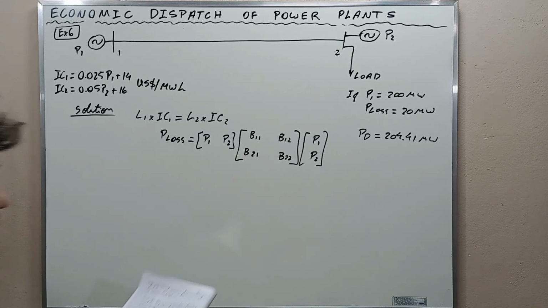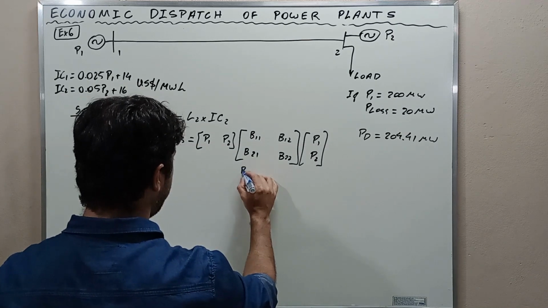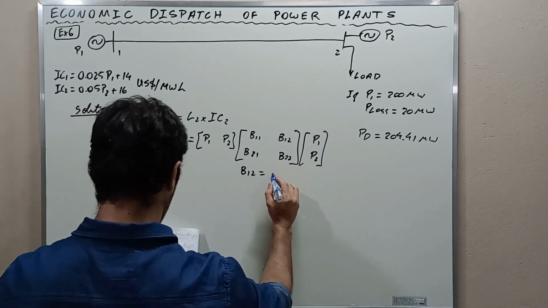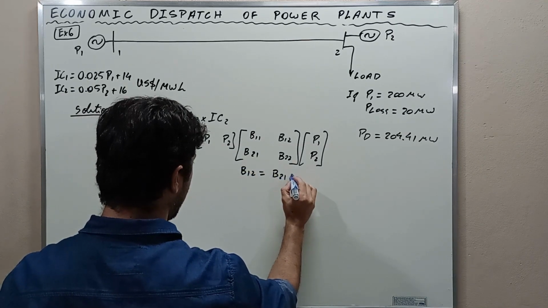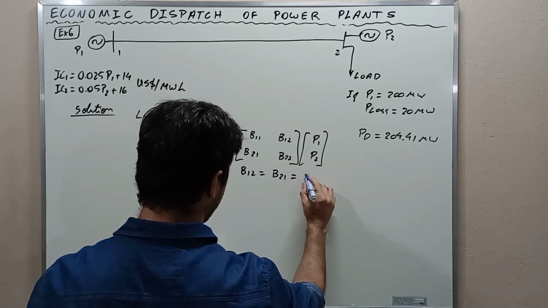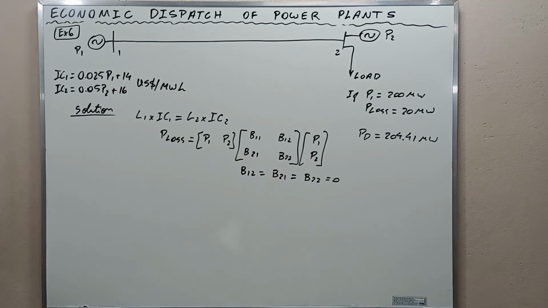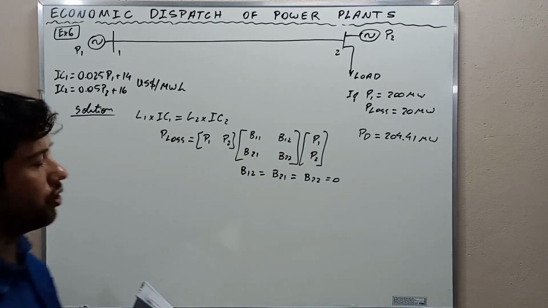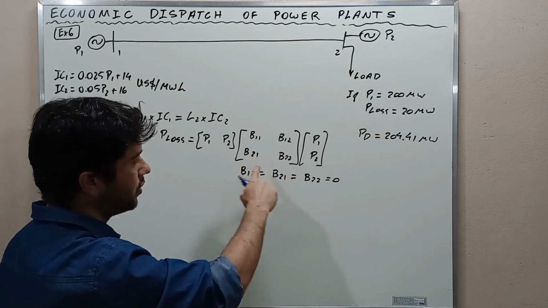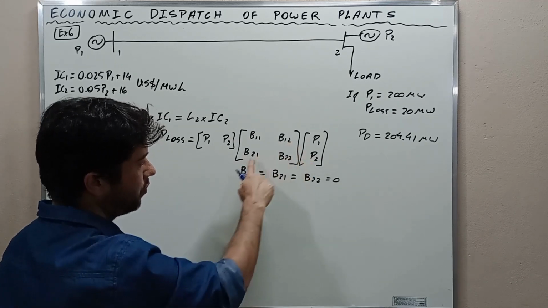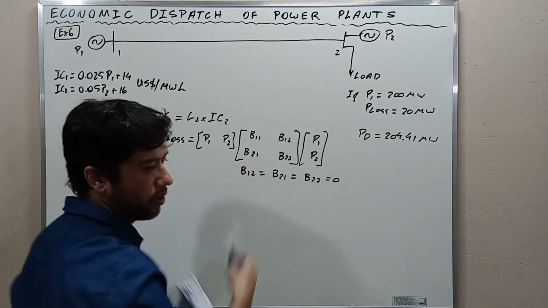What does it mean? It means that B12 is equal to B21, which is equal to B22, equal to 0. Alright? So, this matrix becomes this. This is 0, this is 0, and this is 0.